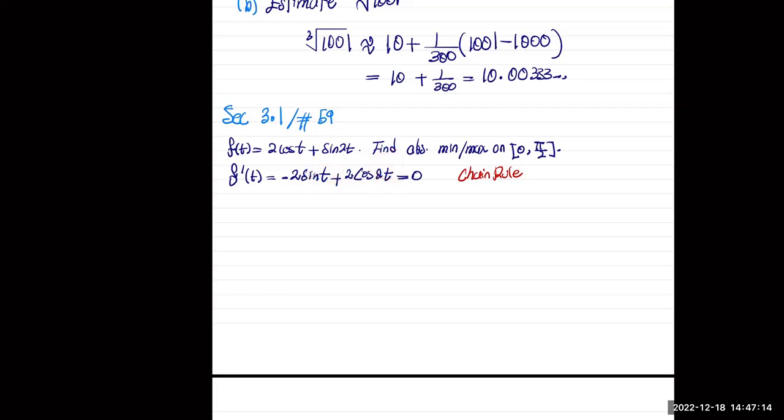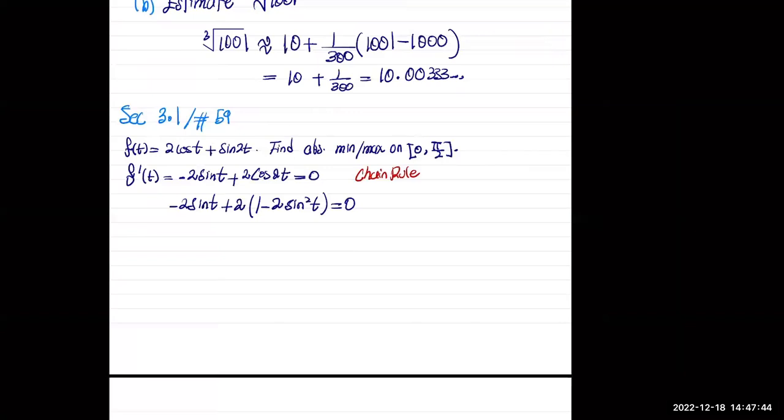We use a double angle identity for cosine to rewrite in terms of sine. So we'll leave the negative 2 sine t alone, and cosine 2t with the 2 in front happens to be 1 minus 2 sine square t.